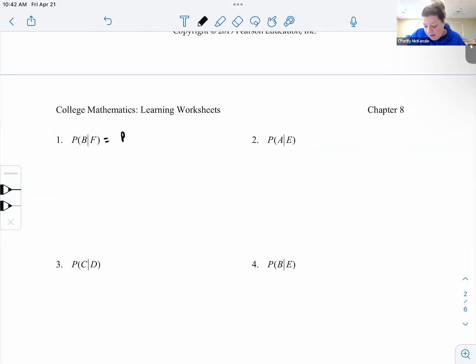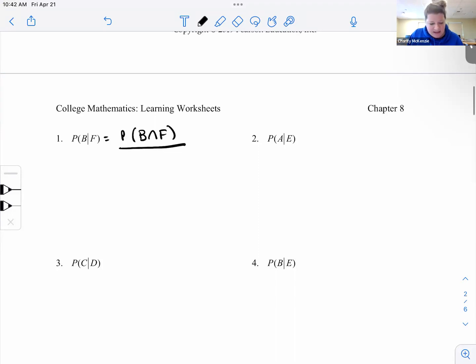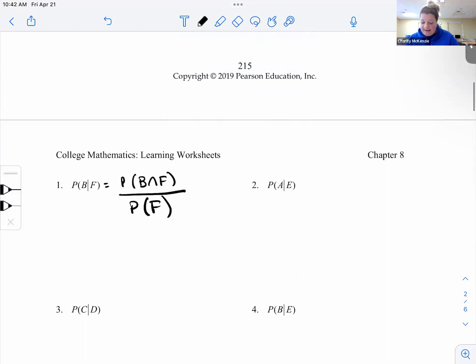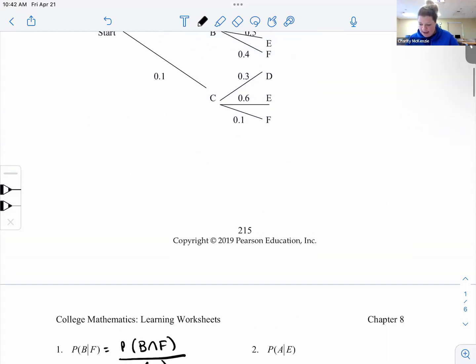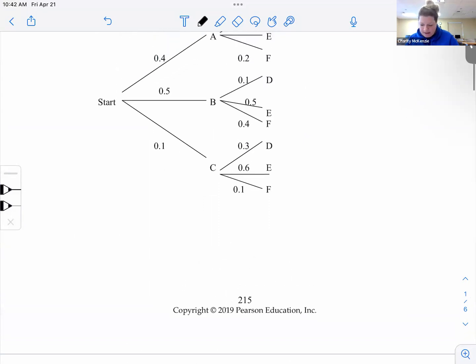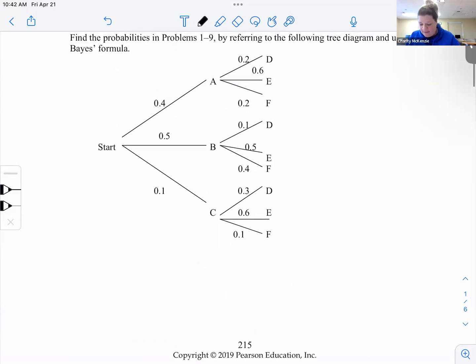It's going to be the probability of B and F divided by the probability of F. The probability of F is a little bit harder than just the probability of F, but that's the idea that we're looking for.